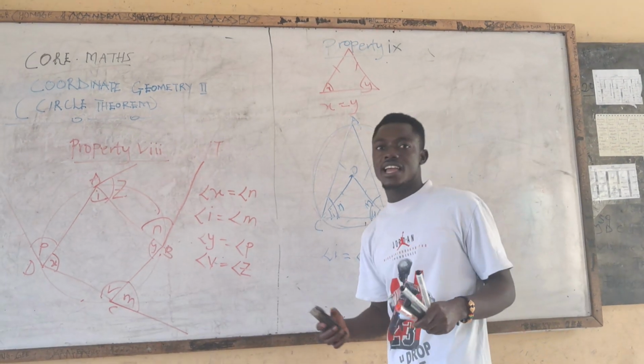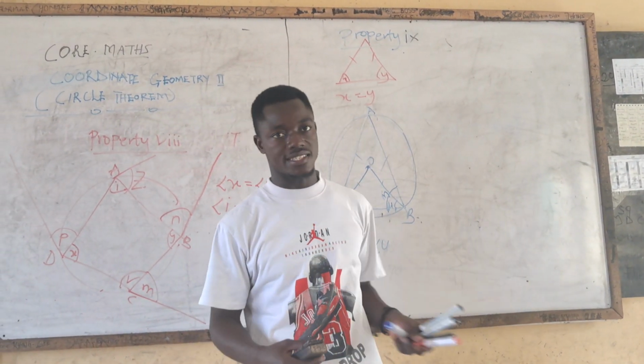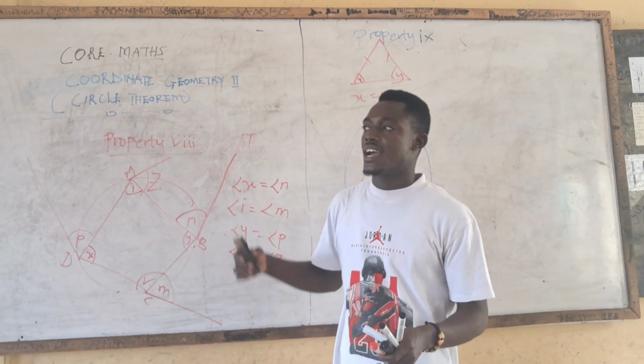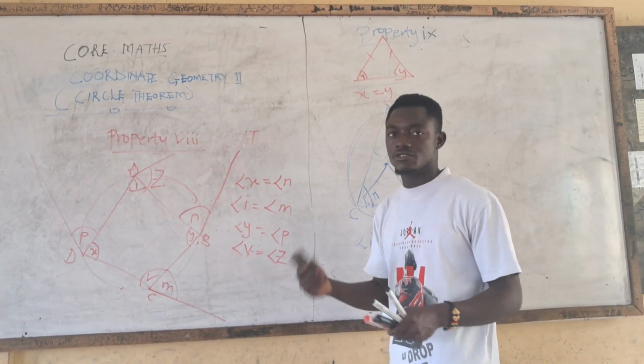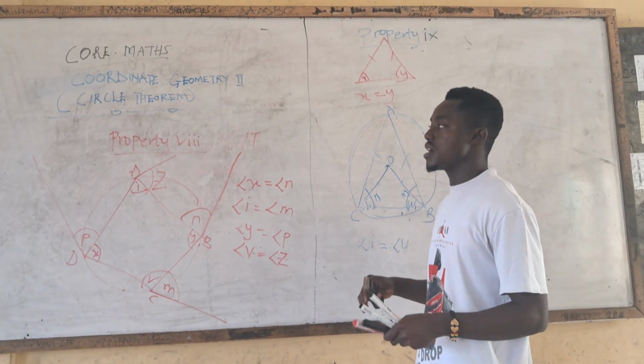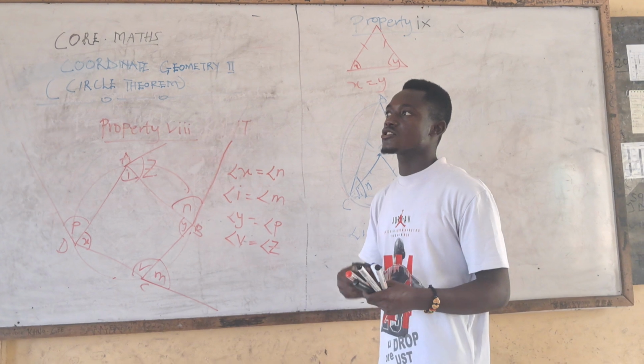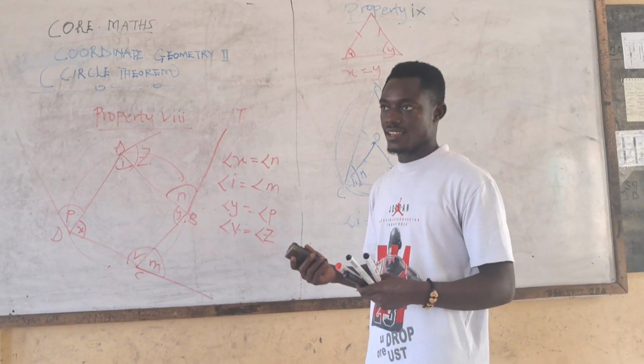Then this is where we end this session. The next time we meet, we'll be solving questions on it, taking exam questions, past questions on circle theory. So far, we are done with the properties. The next time we meet, we'll be solving questions here.